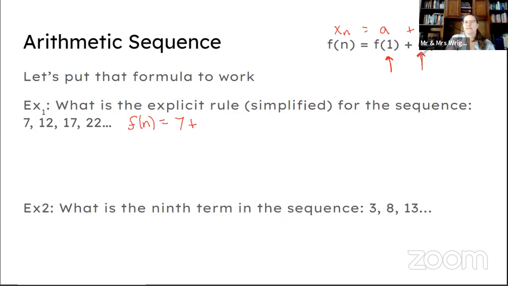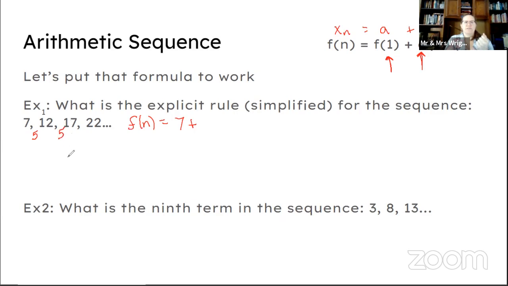Now we're looking at the D. Well, we actually have not yet determined the D. That's very important to do. It may not even be an arithmetic sequence. In that case, we couldn't write an explicit rule. 7 to 12: 7, 8, 9, 10, 11, 12. There's a difference of 5 between them. 12, 13, 14, 15, 16, 17.